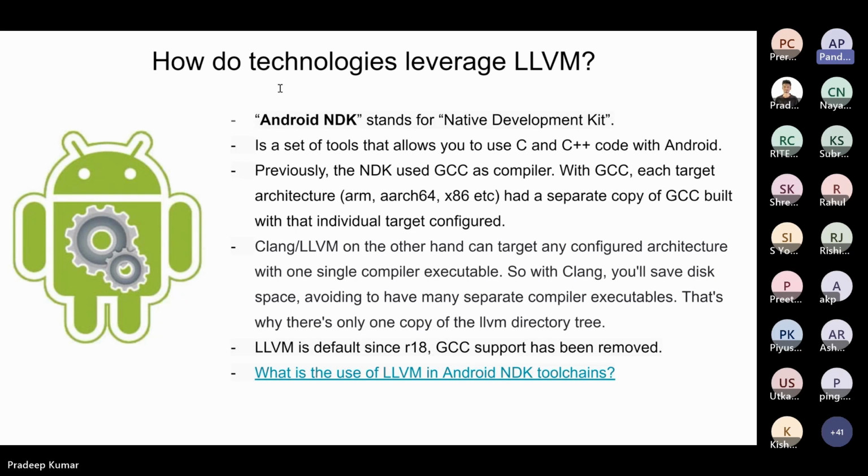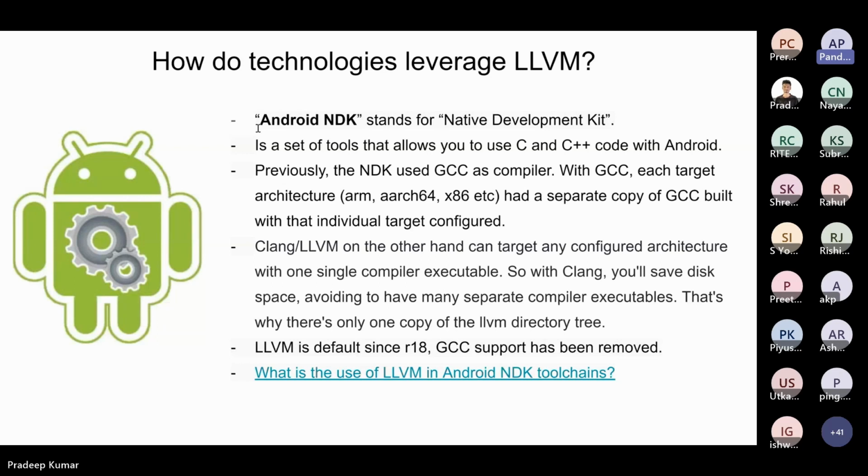Previously, the NDK used GCC as a compiler. This had a problem because GCC is monolithic and does not have a modular design. For each target architecture like ARM, AArch64, x86, you had to have a separate copy of GCC built with that individual target configured.